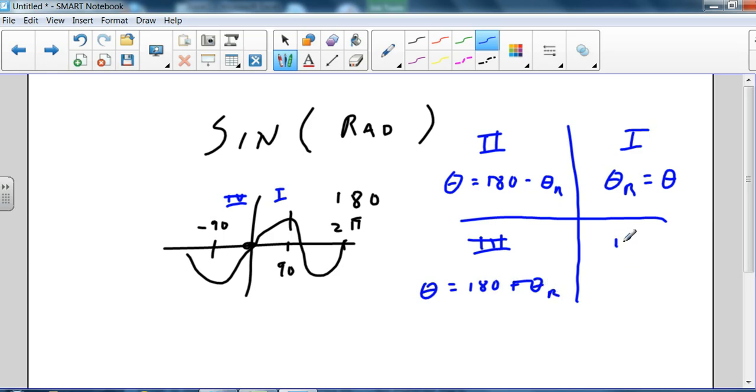And if you're in the fourth quadrant, the angle is going to be 360 minus the reference angle, but I don't have to worry about it because my arc sine function is already giving me that back correctly. And same thing with the arctangent function.